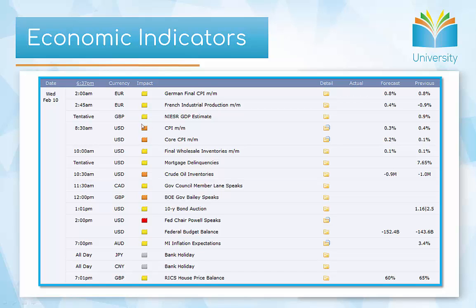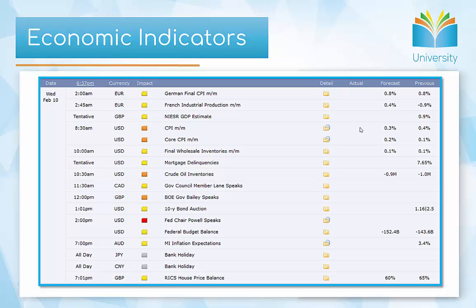Here you can see in the orange, the U.S. had a CPI number. That's Consumer Price Index. That's an inflation gauge. And so it tells you what the previous number was, what the forecast is, and then once this number hits, so once we pass this time, they'll post the actual result.